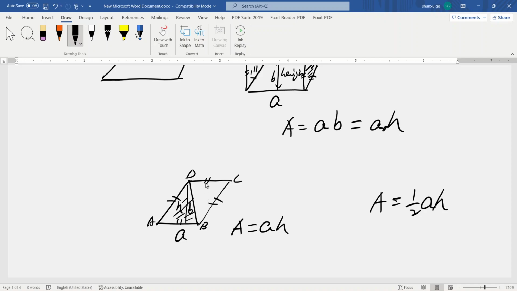It's only half of a parallelogram, so we should multiply by 1 over 2.